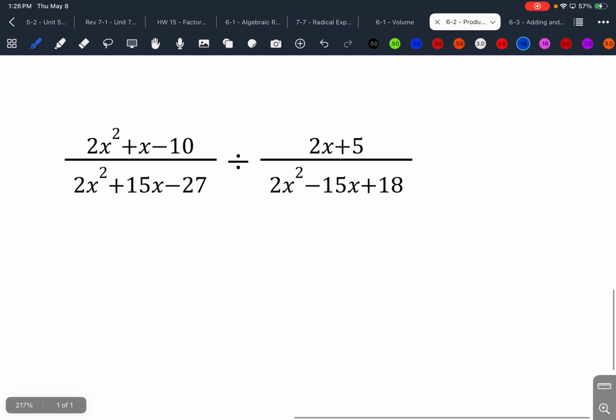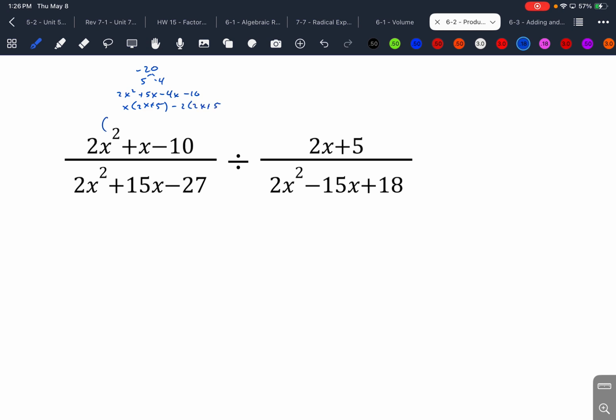So let's see, this is -20 that add to 1 is 5 and -4, 2x squared. Okay, so this one is 2x plus 5 and x minus 2.